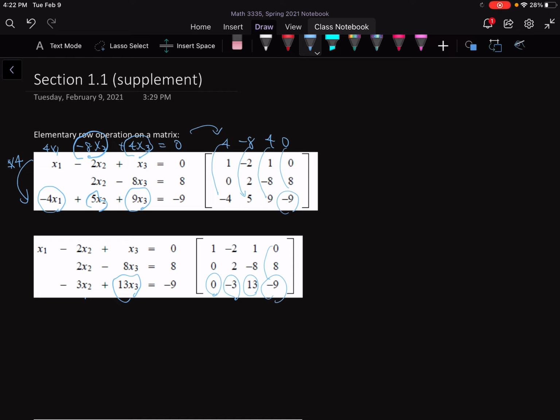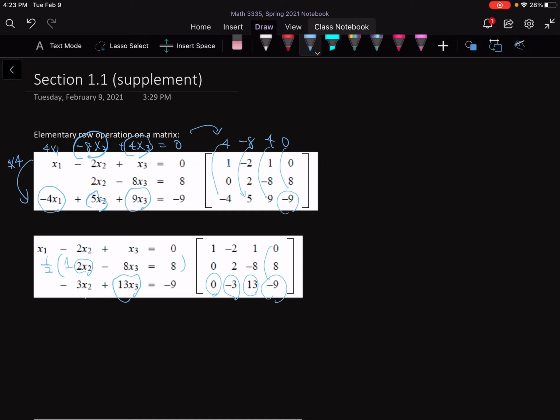Remember, we want the diagonal to be 1, 1, and 1. That's what we want to do. So we want this number to be 1. What we do is multiply the entire second row by 1/2.